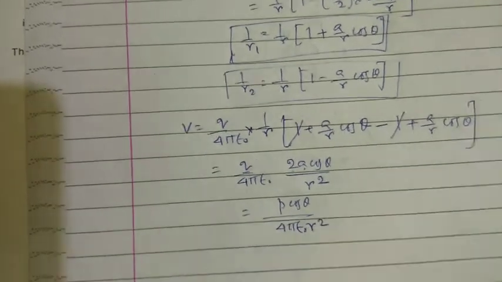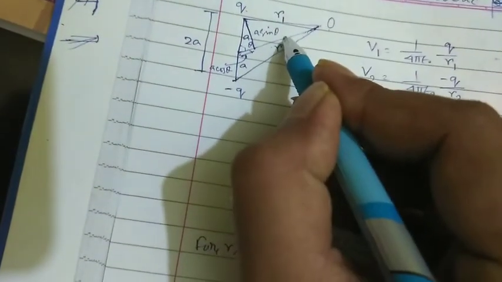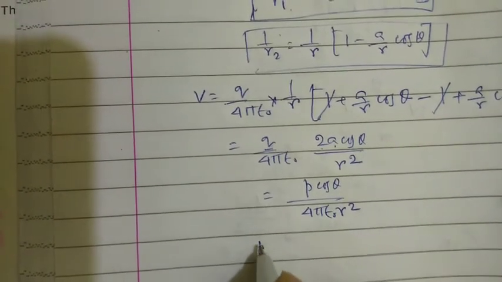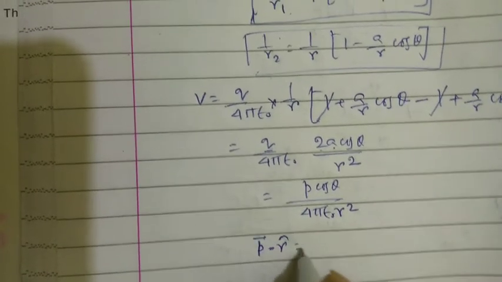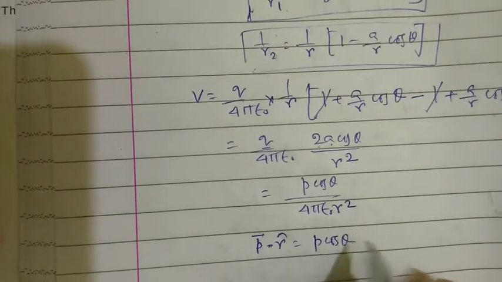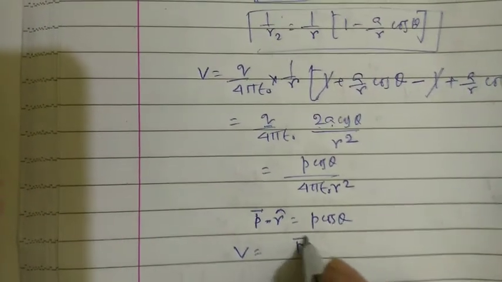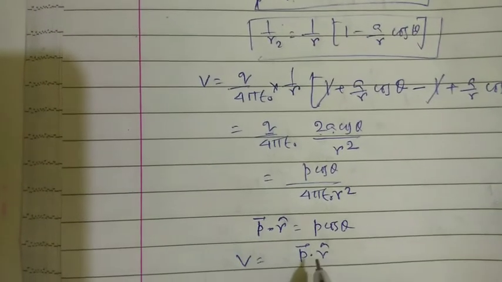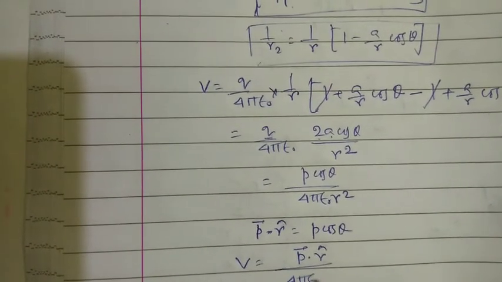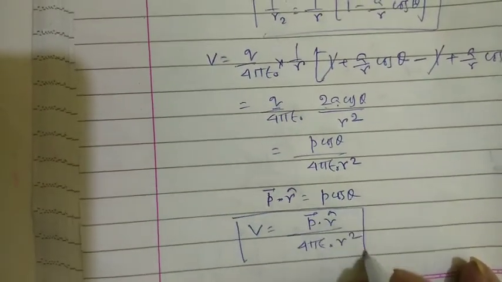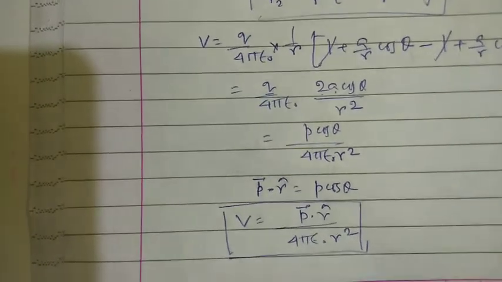Now if you take the unit vector along R, which is R cap, we can write that P dot R cap will be P cos theta. So we can write potential as P dot R cap divided by 4 pi epsilon naught R square. So this is the value of electrostatic potential due to an electric dipole at any point.